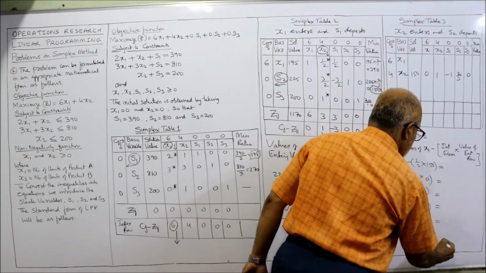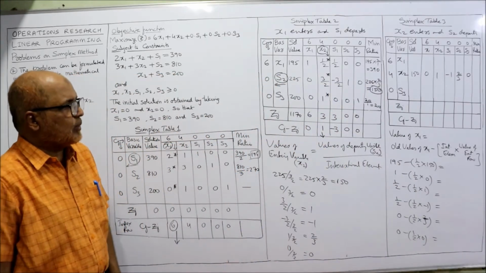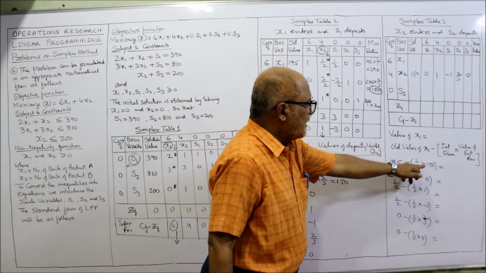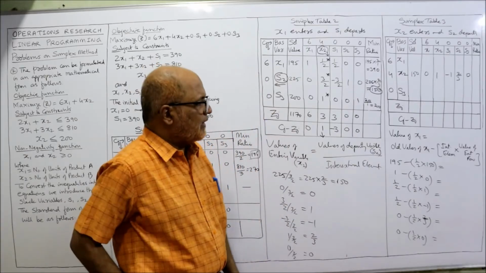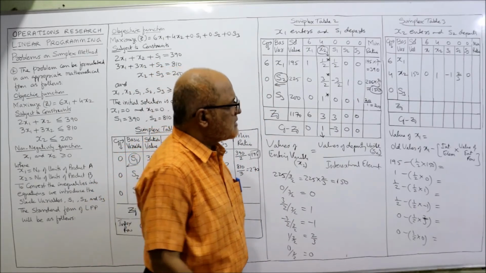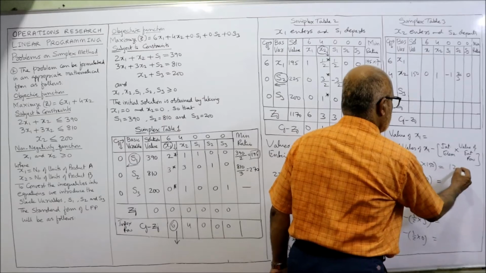These are the values of x1. So 150 into 1 by 2 will become 75. So 195 minus 75 is 120.